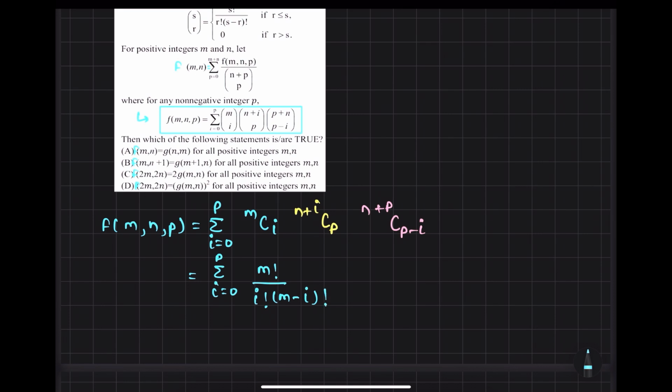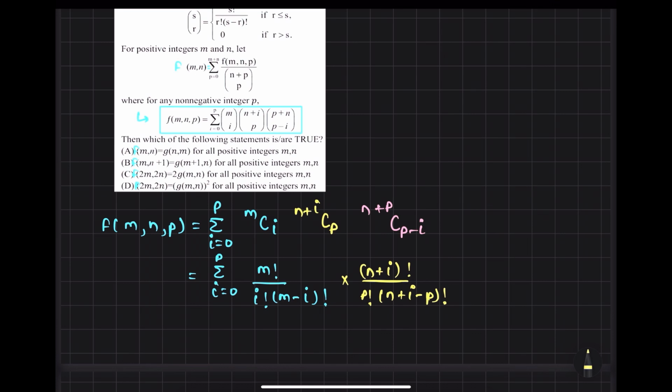Okay, and then we have (n plus i) factorial by p factorial, (n minus p plus i) factorial.